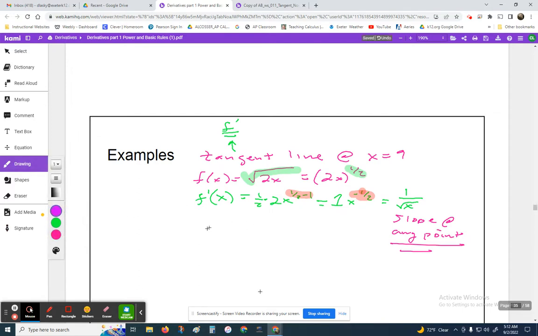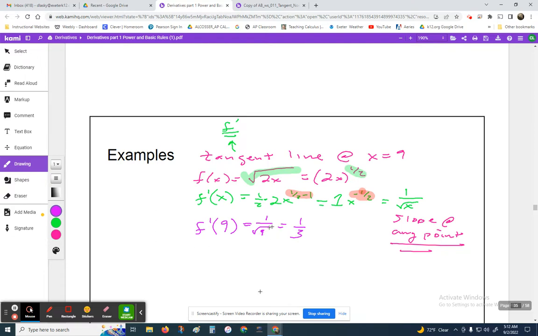So now we need to know what f prime at 9 is, because 9 is the point that they want. So f prime at 9 is equal to 1 over the square root of 9, which is equal to 1/3.